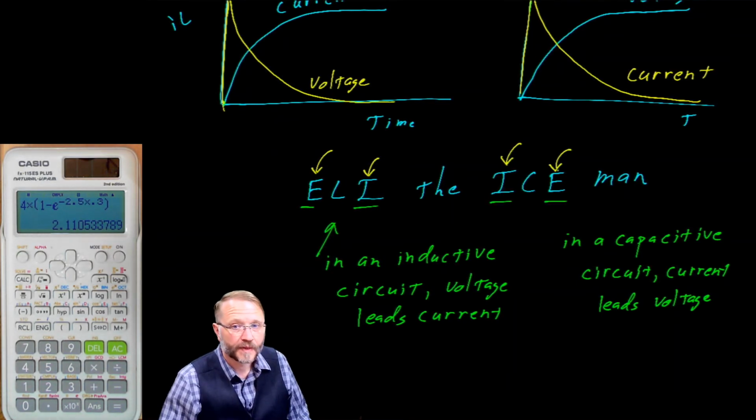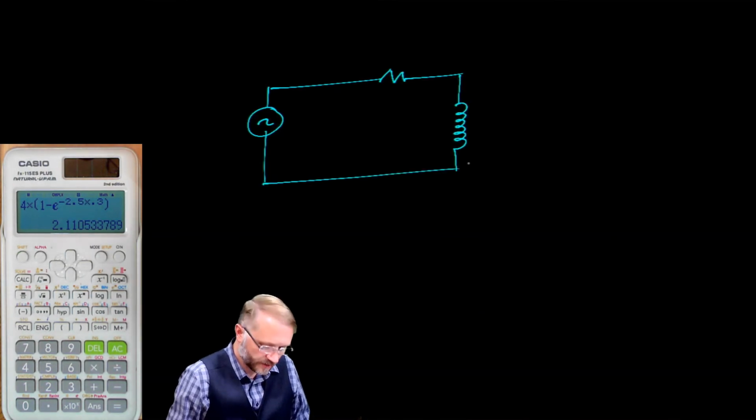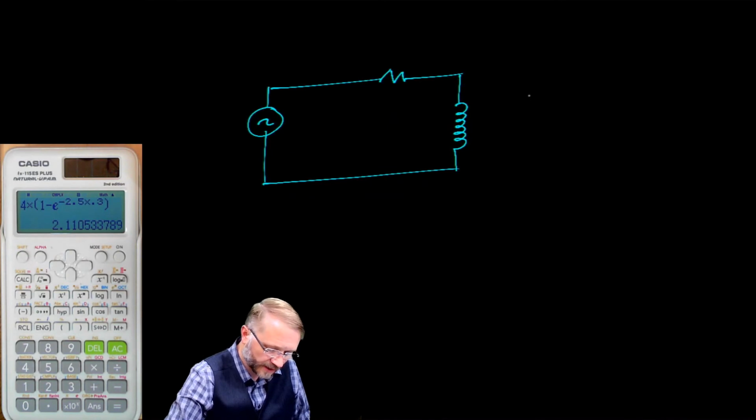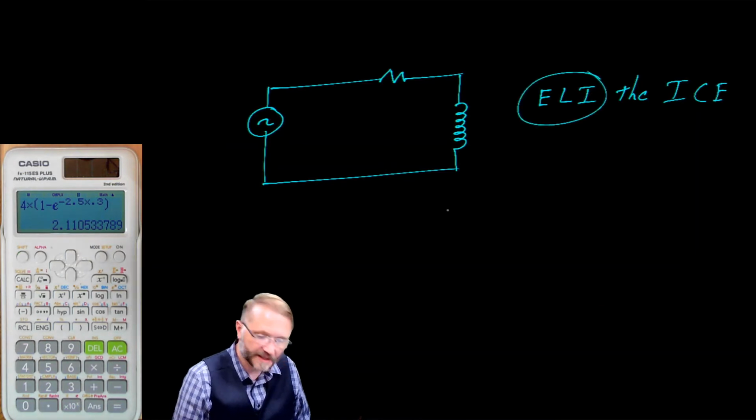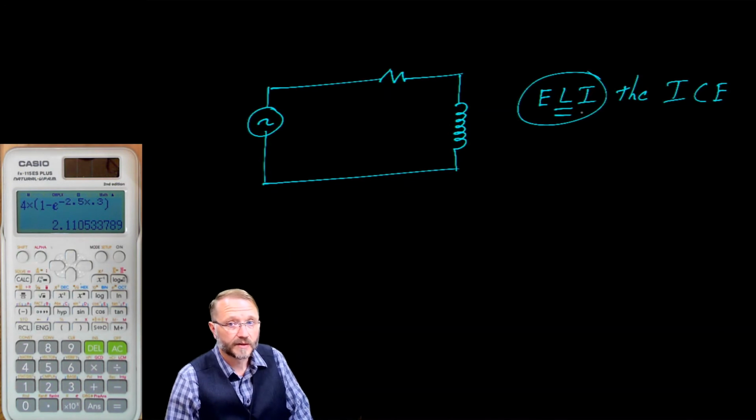Okay, hold on to your socks. This is where it gets interesting. What if we had an alternating current source and we had a resistor and an inductor? Would you agree that the current will always be behind? So Eli the Iceman, which one of these applies? Well, it's that one right there, because in an inductive circuit, and this circuit is now inductive, the current is going to lag behind.